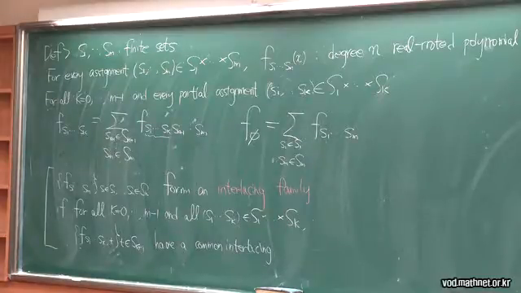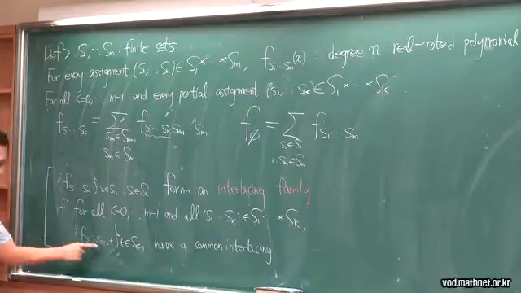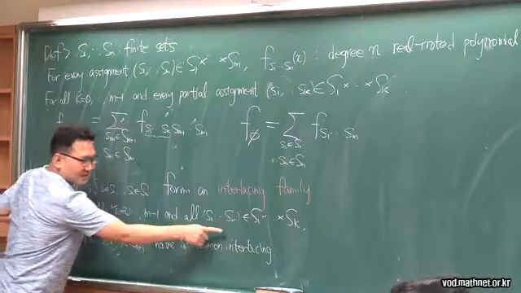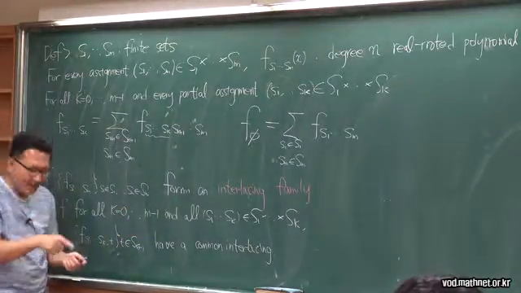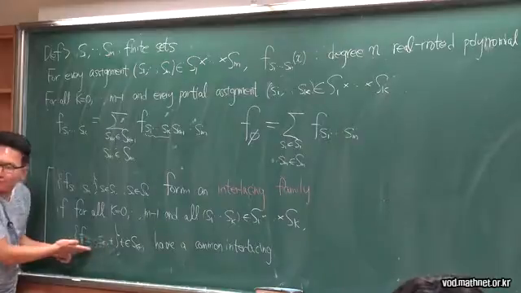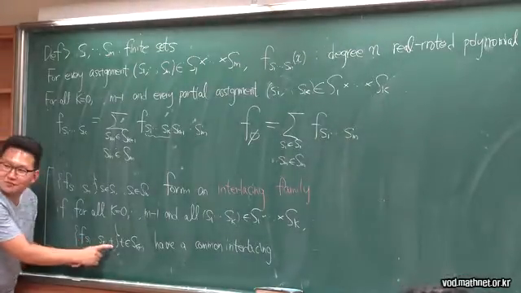Before giving an example, let me give you a result related to this one. What do you mean by the last line? You have S1 through S sub k and t in S sub k plus 1. Yes, this is given. So k is given, these are fixed, and these are moving.